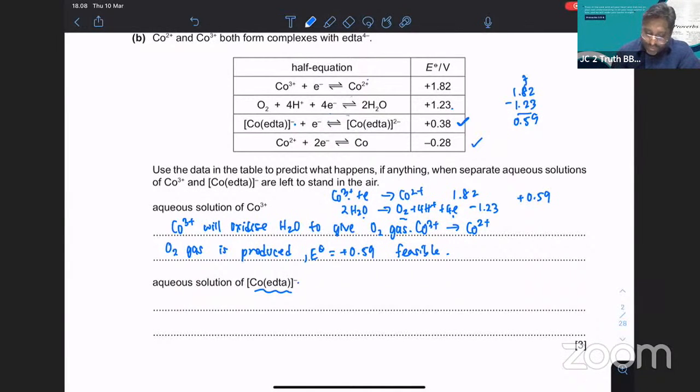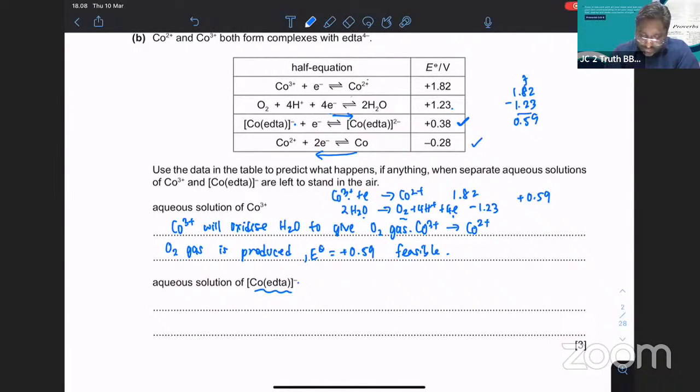If you have this and then you react, this is more positive, 0.38 is more positive, like what we want. CoEDTA minus is reacting, and this is going to go and produce Co2 plus.